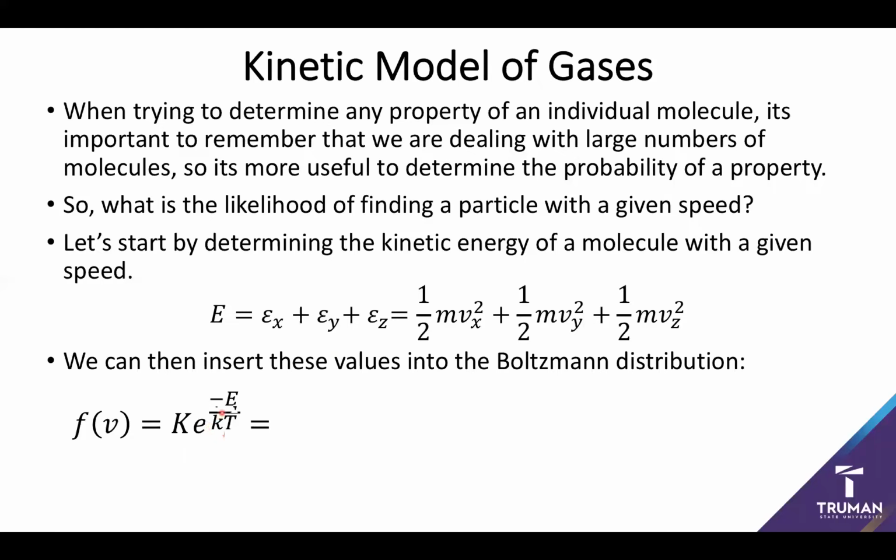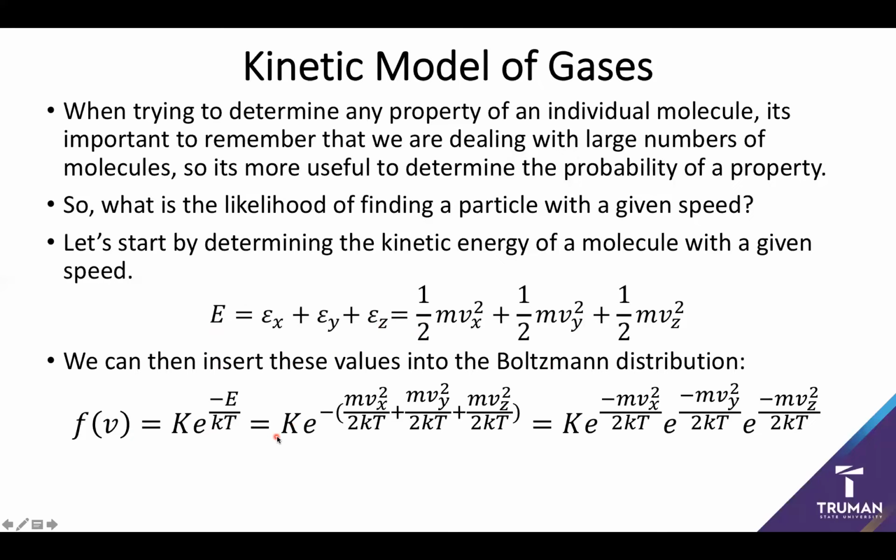So if I'm trying to figure out the probability of a molecule going a certain speed, then I'm going to want to use my energy equation in terms of those speeds. I can insert this equation into my Boltzmann distribution, and I get something that's kind of ugly. So I can make use of my exponential math rules and factor out each of these exponents to make a product of several different exponential values.